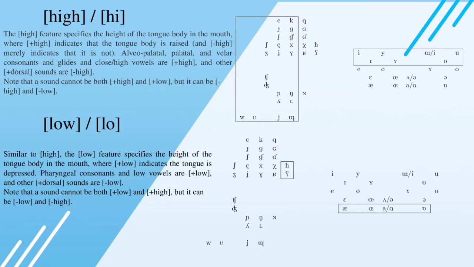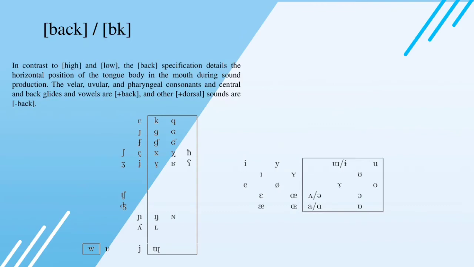That's it. And then the back. In contrast to high and low, the back specification details the horizontal position of the tongue body in the mouth during sound production. Then you can read it by yourself.